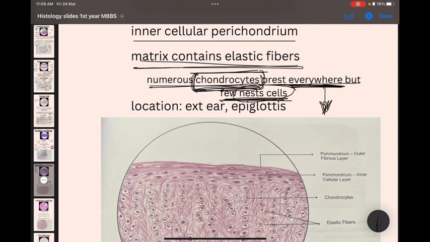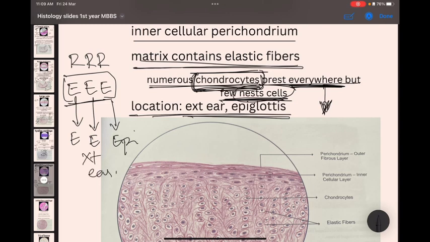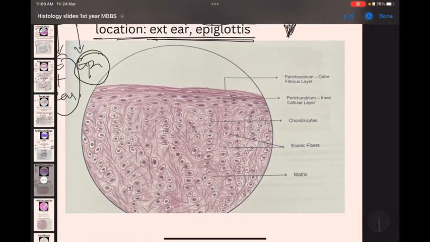That's all. Then location, external ear and epiglottis. See, you have to remember triple E, like the film Triple R. We are remembering it triple E. What? Elastic cartilage is present in external ear and epiglottis. That's all.